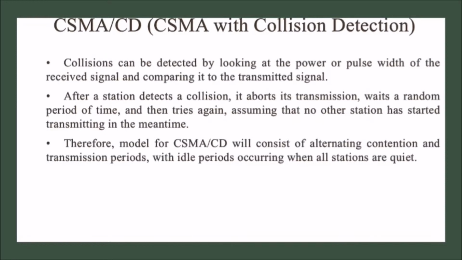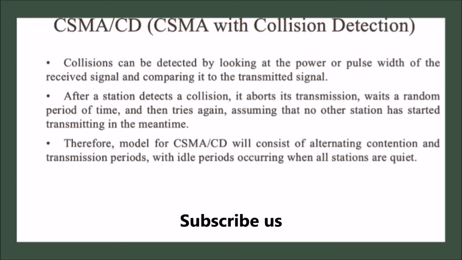Let us discuss how we can detect a collision. A collision can be detected by looking at the power or pulse width of the received signal and comparing it to the transmitted signal.